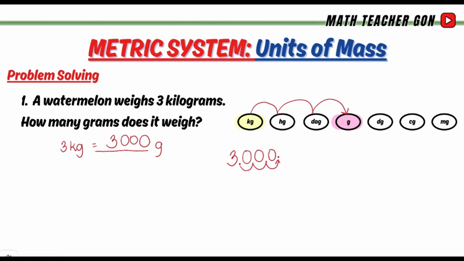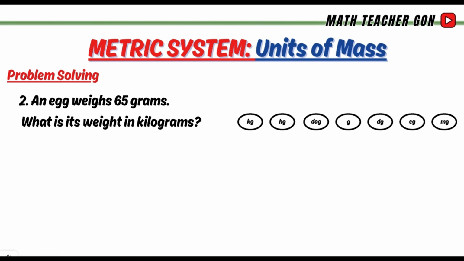Right? For the last example, we have an egg weighs 65 grams. What is its weight in kilograms? So from grams to kilograms. Let's write 65 grams is equal to blank kg. Let's highlight the given, which is grams, and then going to kilograms.